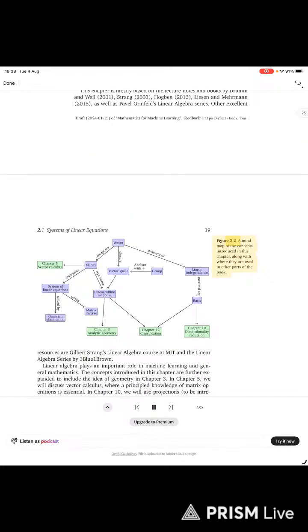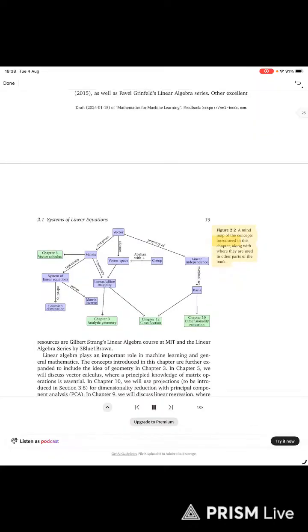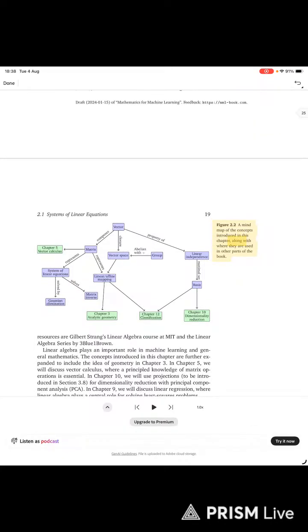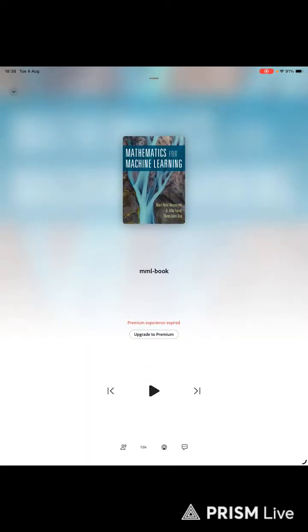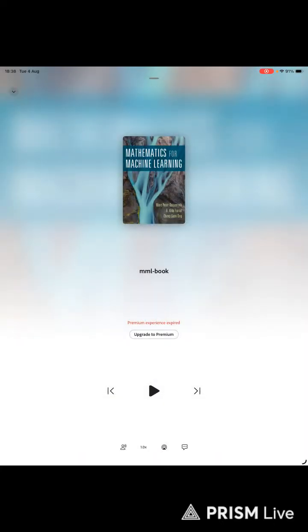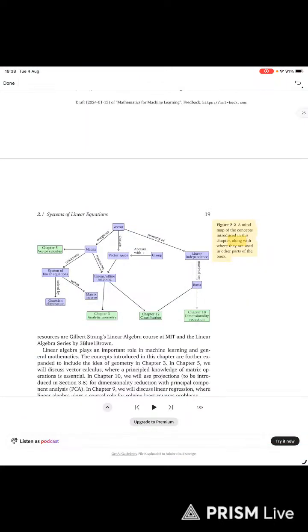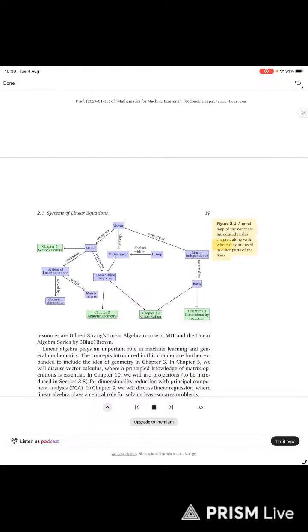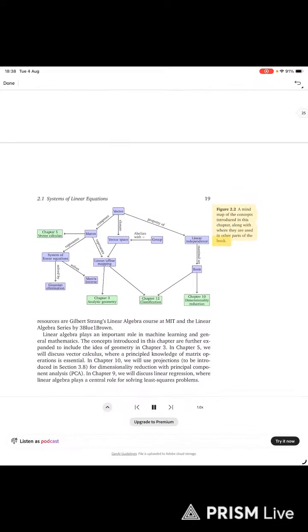Figure 2.2 A mind map of the concepts introduced in this chapter, along with where they are used in other parts of the book.